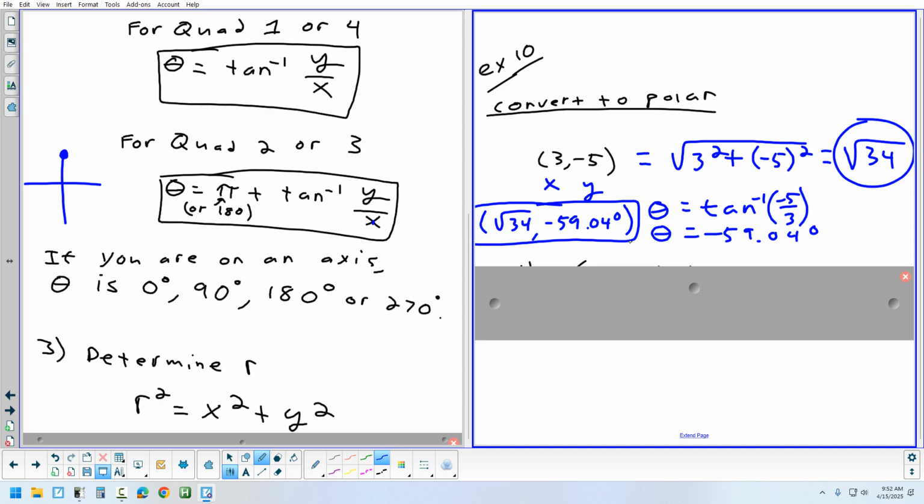The way I would generally say it is, if I wanted it a certain way, I'd say make your radius and your angle positive numbers. You just add 360 to that, so that'd be like 301.96, somewhere right around there.